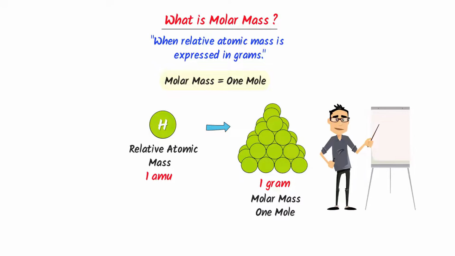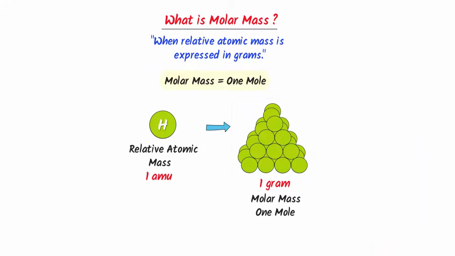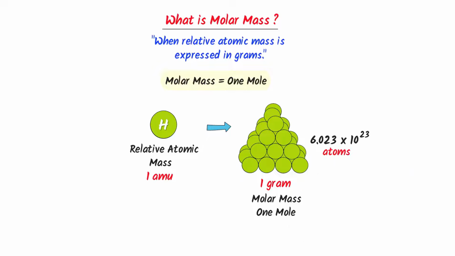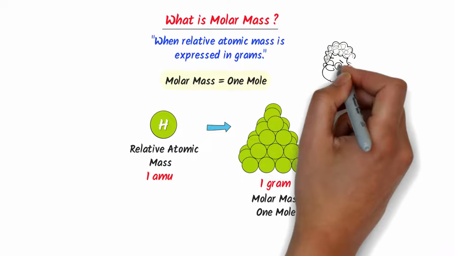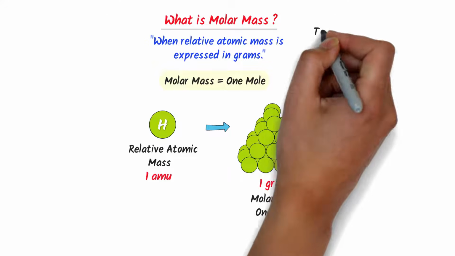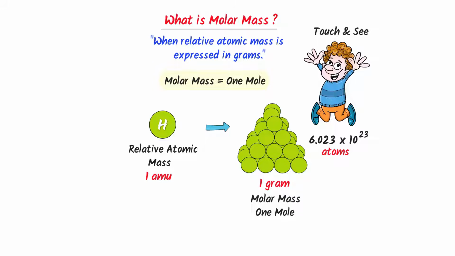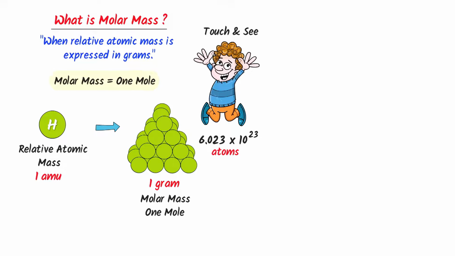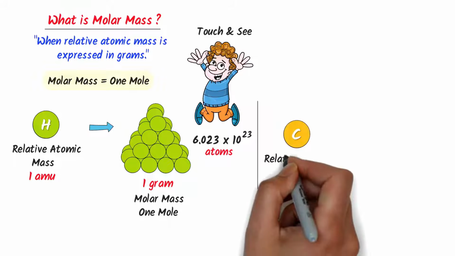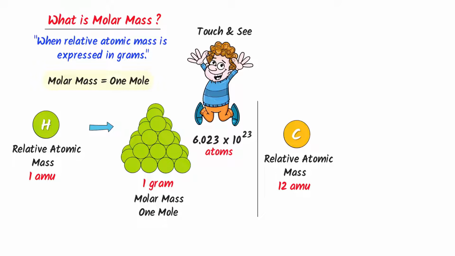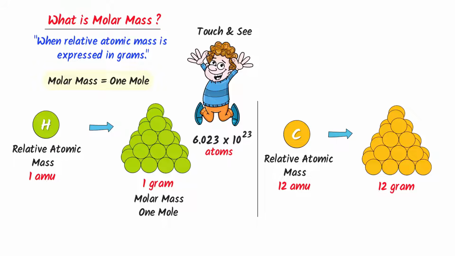Now if I count the total number of hydrogen atoms in 1 gram, it would be 6.023 × 10^23 atoms of hydrogen. So I can see, touch or do chemistry with the molar mass of hydrogen. Similarly, the relative atomic mass of one carbon atom is 12 AMU. If I take 12 grams of carbon, this 12 grams is called the molar mass of carbon or 1 mole of carbon.